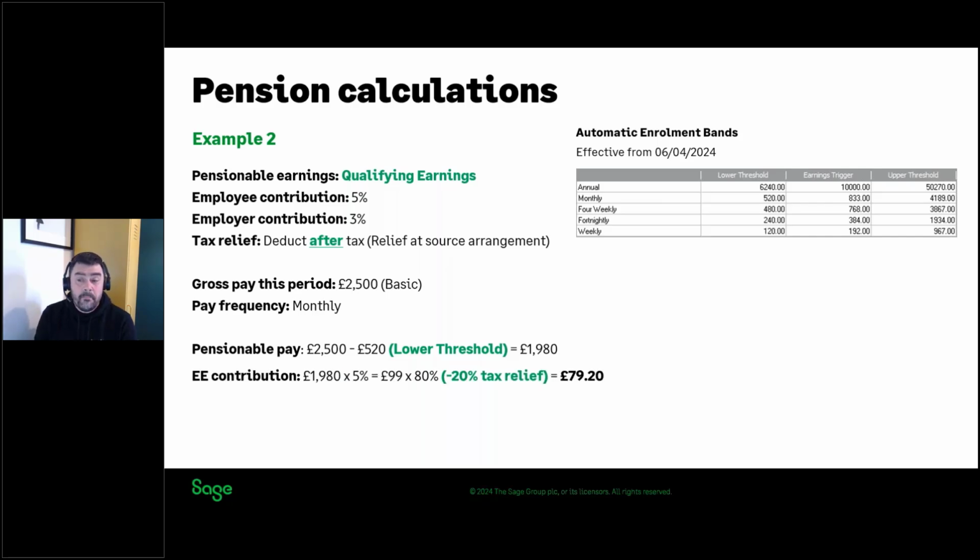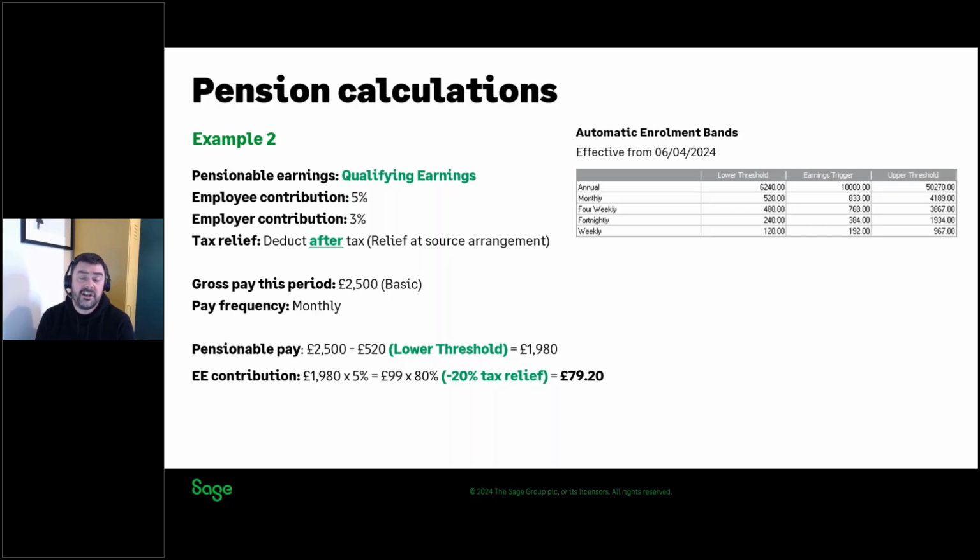And then to work out the employee contribution, you take that pensionable pay, 1,980, multiplied by 5%, which gives us £99. But then we need to adjust for the tax relief. So that needs to be reduced by 20% or multiplied by 80%. And that brings us to an employee contribution of £79.20.